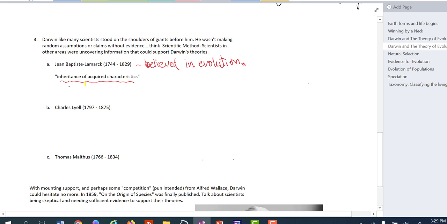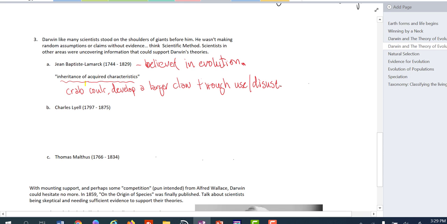Or we might think of a crab, right, could develop a larger claw, or maybe a smaller claw, or its claw might change just through use or disuse, right?